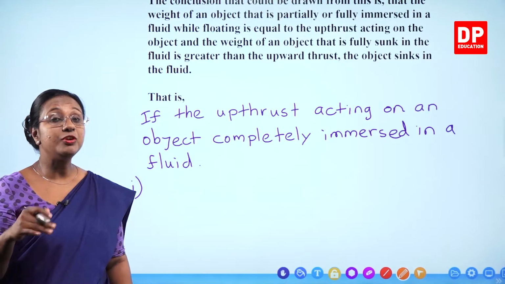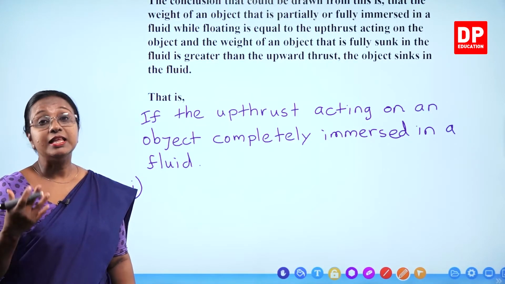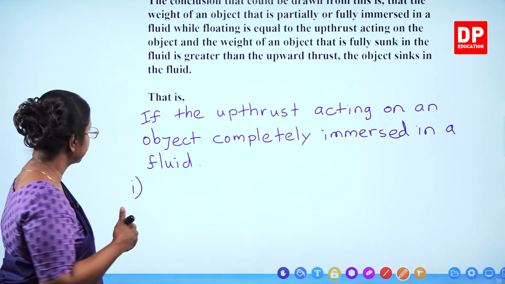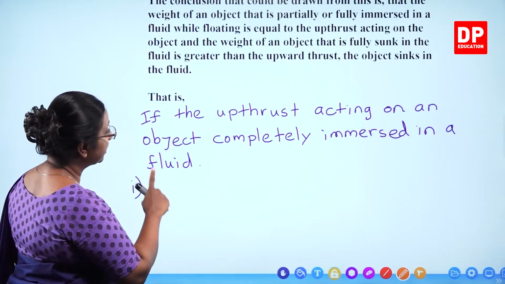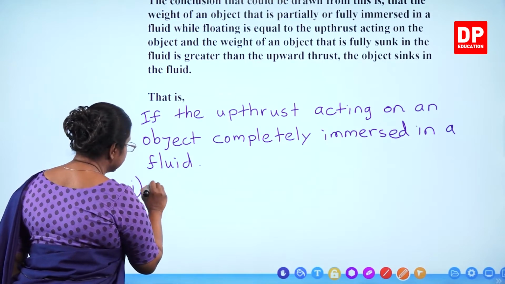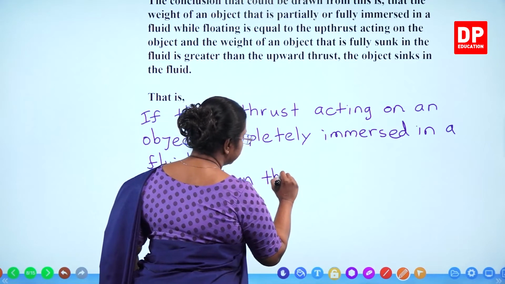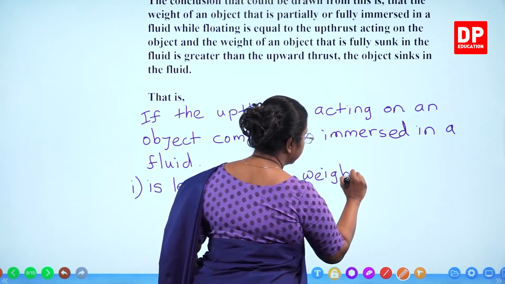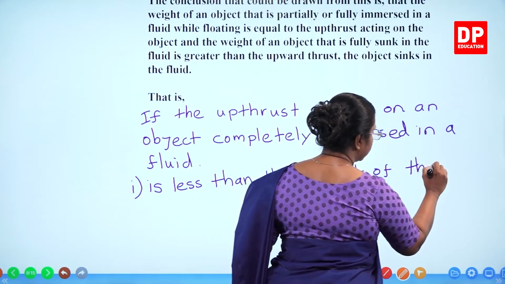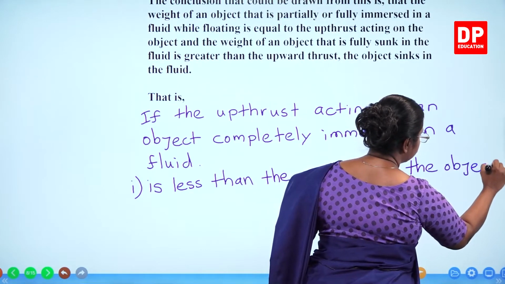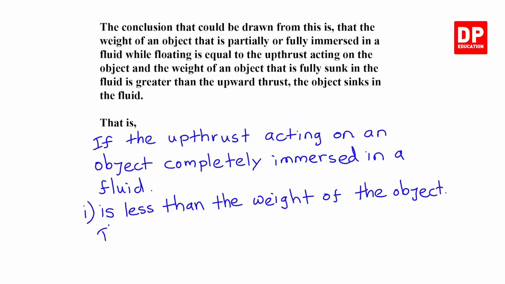So when the object is sunk in the fluid, the weight is greater than the upthrust. So if the upthrust acting on an object completely immersed in a fluid is less than the weight of the object, then the object sinks in the fluid.